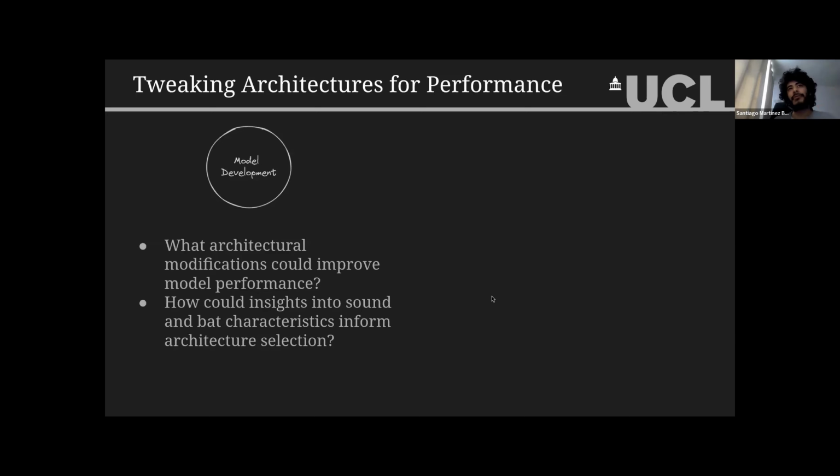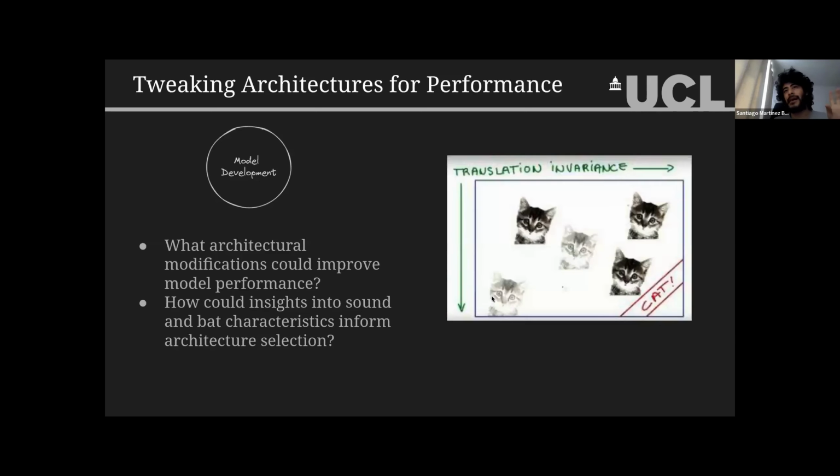Could we use some of the information about how bats echolocate and the particularities of that sound to inform architecture selection? Convolutional neural networks are very good for image data in particular, because they have baked-in translational invariance, but this might not make the most sense for audio data, because most audio data is transformed into a spectrogram.